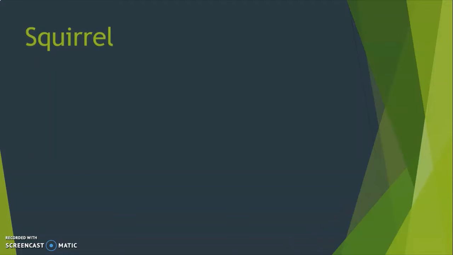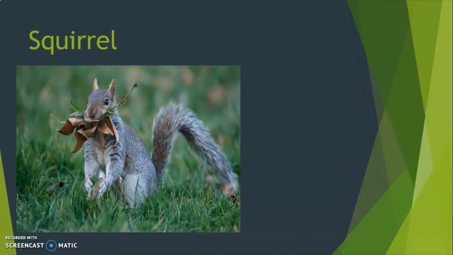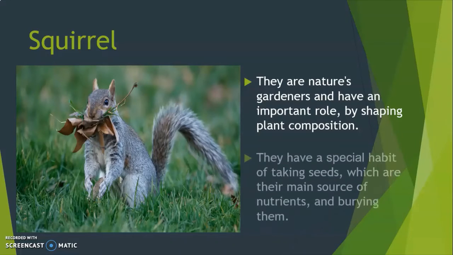The next one, squirrel. Okay, this is familiar to you. Squirrel is a common animal in our garden. Now, they are nature's gardeners and have an important role by shaping plant composition.